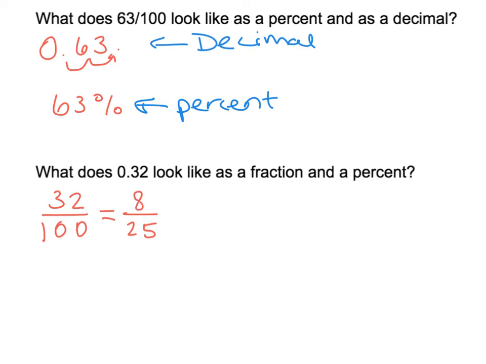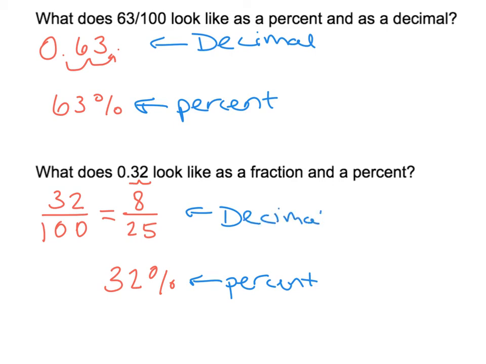So I can simplify that to 8/25. Now to write it as a percentage, remember, like we said before, to go from a decimal to a percentage, all we need to do is move our decimal point 2 spots to the right. So that would give me 32%. So this is my percentage, and this is my decimal.